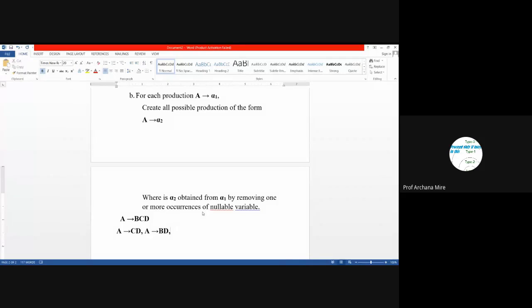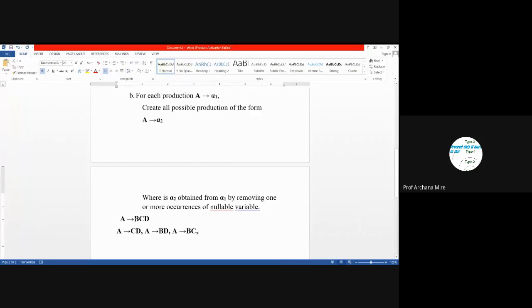Once again, we will remove this D, and the new production rule inserted in the grammar will be A leading to BC. This is by removing only one nullable symbol at a time, but we will have to remove two nullable symbols at the same time as well.